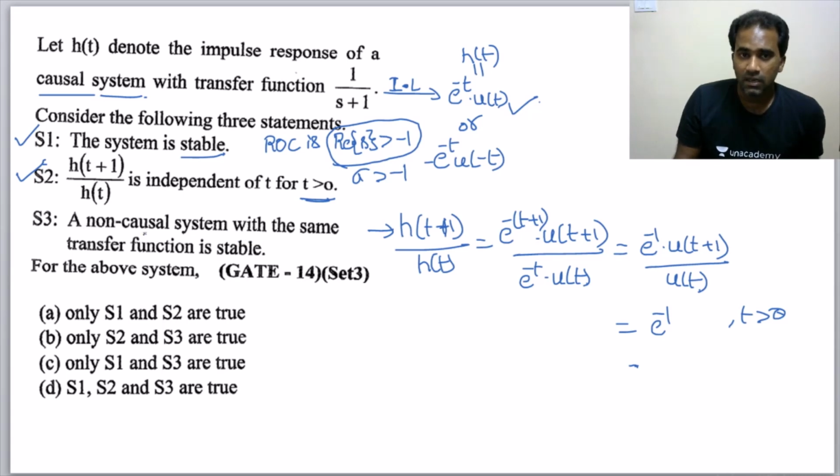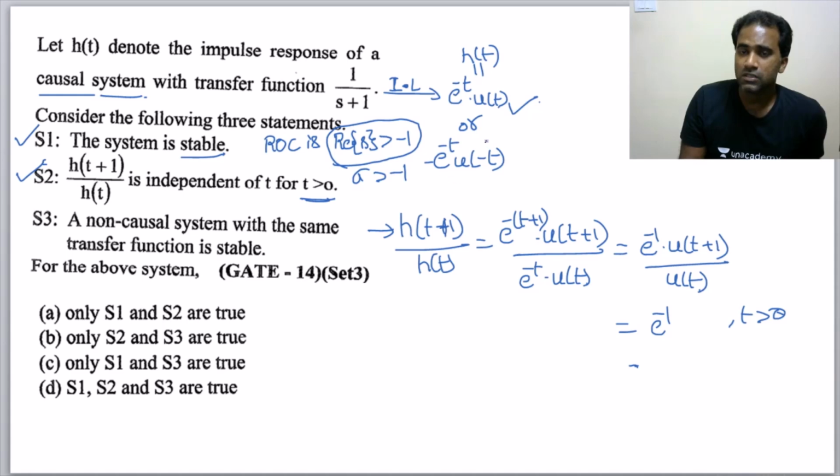Next, S3. A non-causal system with the same transfer function is stable, it seems. Is it possible? A non-causal system with the same transfer function. If this is the transfer function of a non-causal system, then the impulse response will be this one.